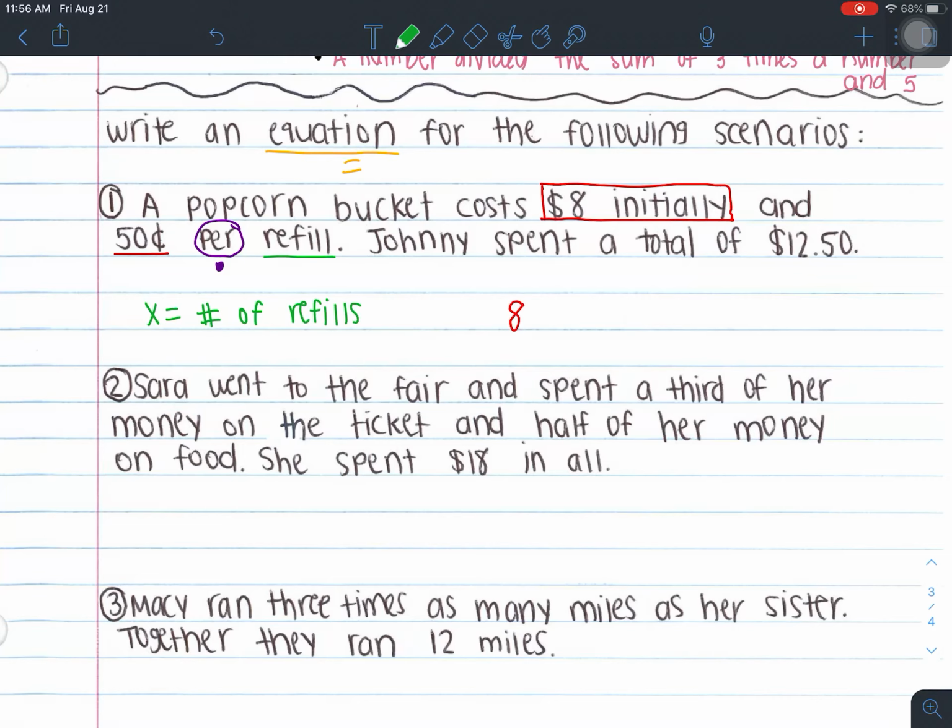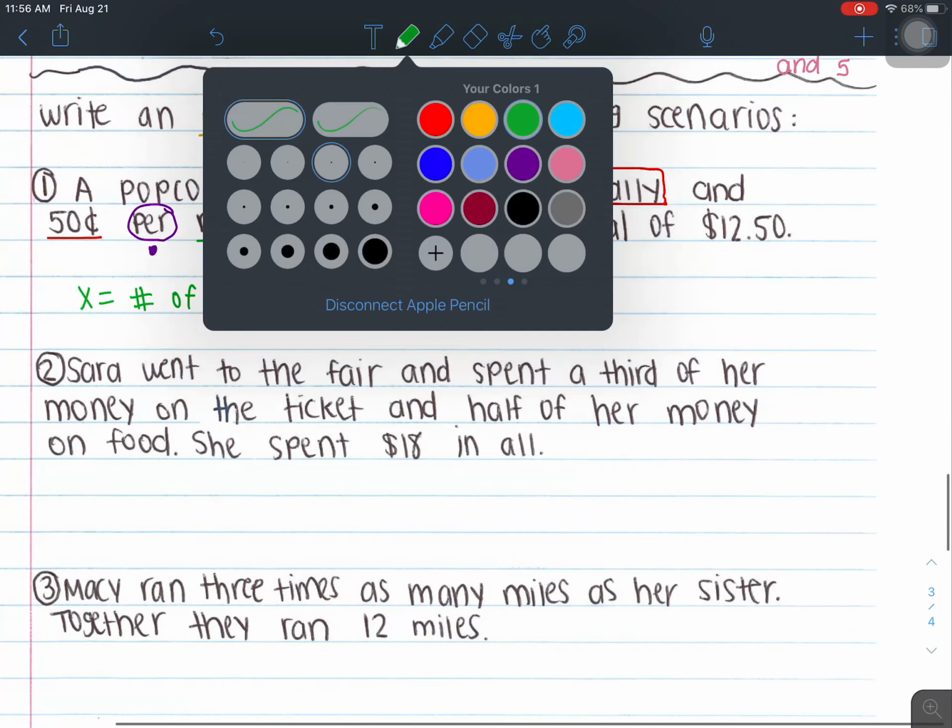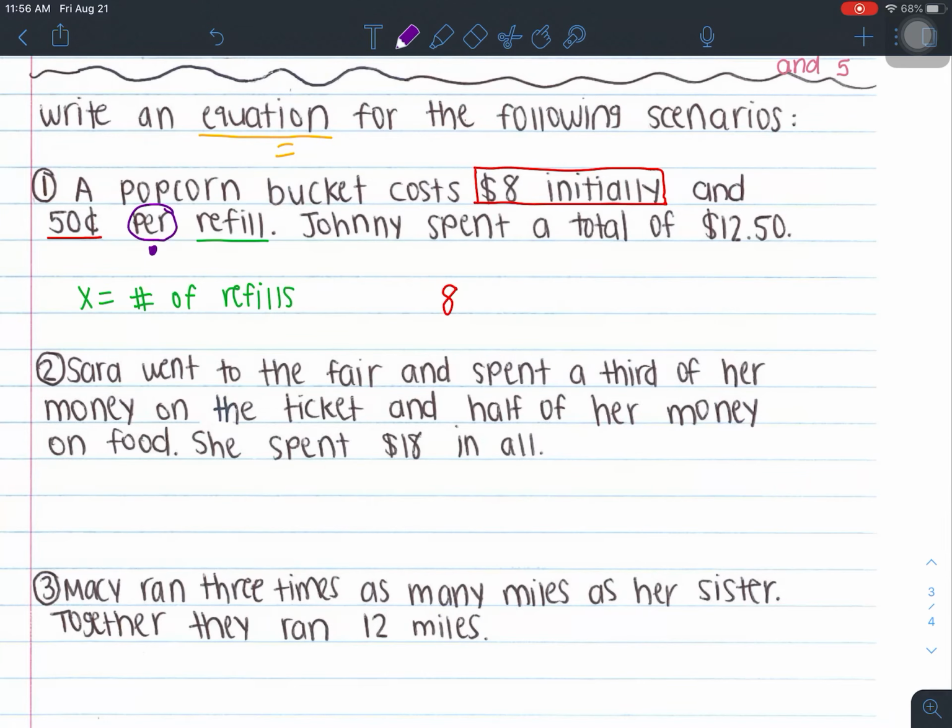Now, this part is called defining your variable. I'm letting you know that X is the number of refills. Because when you're doing a word problem, it is very important for you to tell the reader, hey, this is what X means in this problem. It doesn't mean just any number, it means the number of refills, because we have no idea how many refills he purchased. Okay, so we know it's 50 cents per refill.